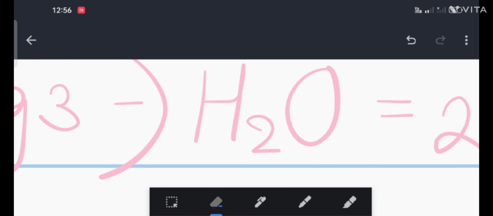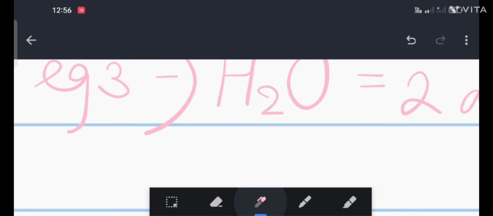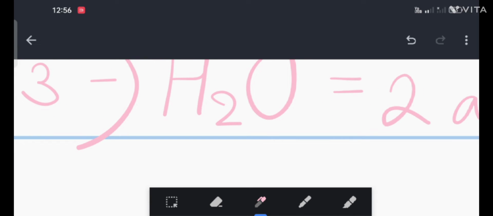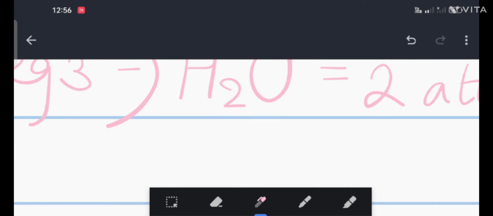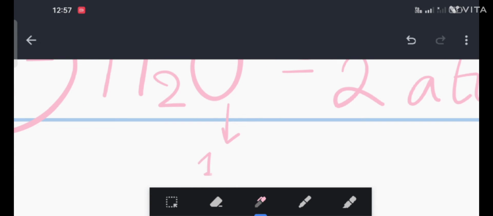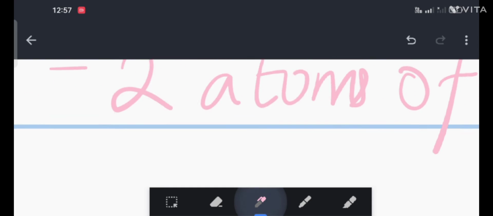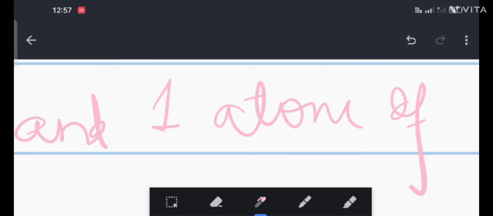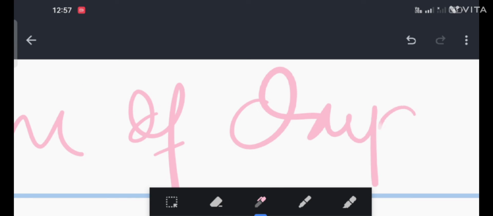And we have a math teacher in our school who says, the one who has nothing has 1. So O doesn't have anything, so it has 1. So it means there is only 1 atom of O, which is oxygen. So 2 atoms of hydrogen and 1 atom of oxygen.